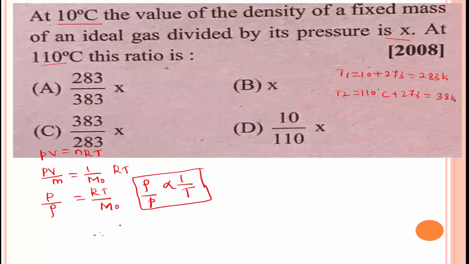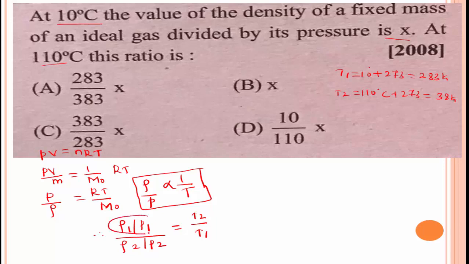Therefore, from this formula, (rho 1 divided by P1) divided by (rho 2 divided by P2) is equal to T2 divided by T1. The density is inversely proportional to its temperature.